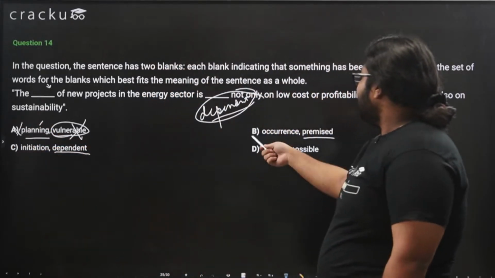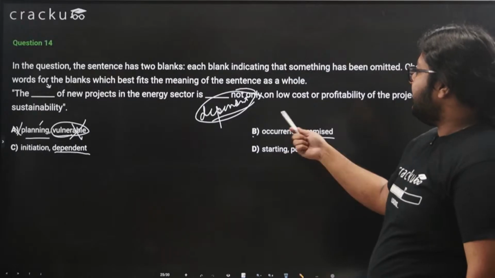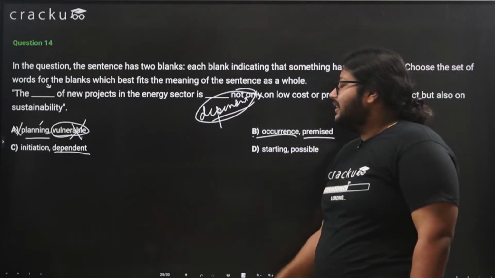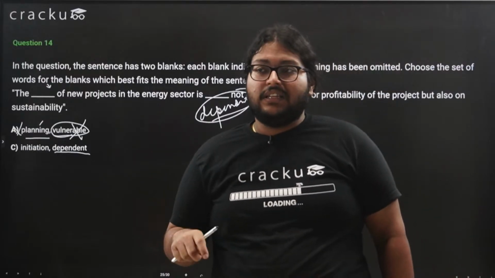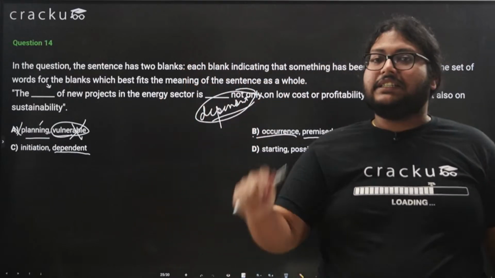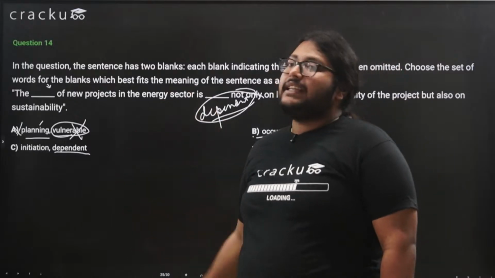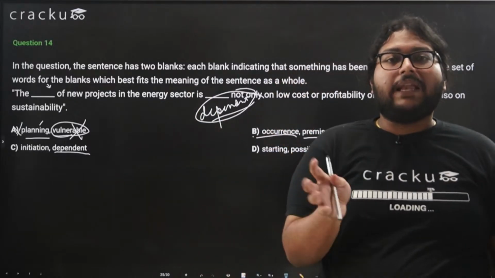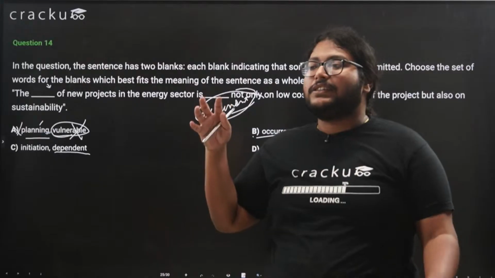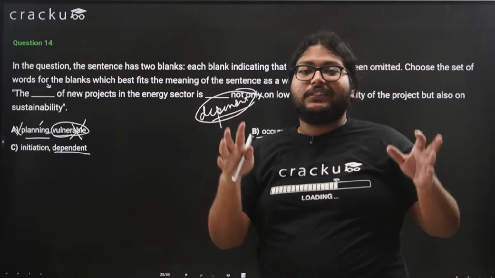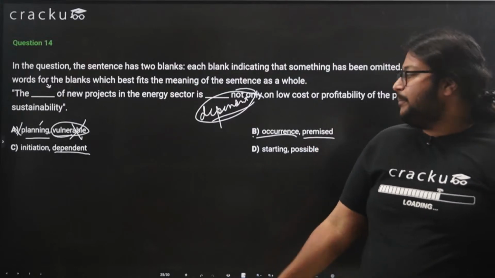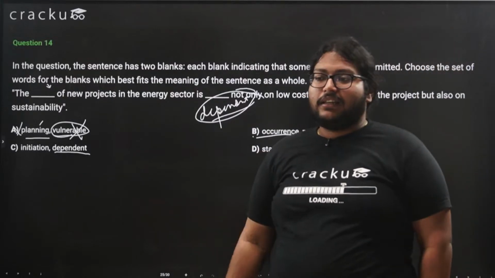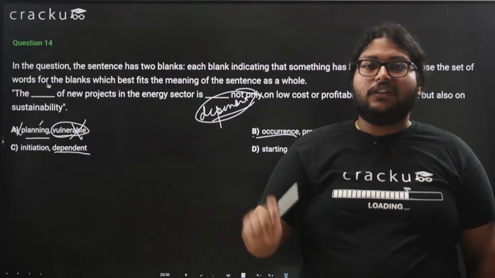B says the occurrence of new projects in an energy sector. See, occurrence is something which we use in context of natural things, like something which occurred in nature. New projects in the energy sector, that has to be planned. There has to be detailed deliberations, discussions about what we want to do. Planning and plotting goes on. Occurrence is used more like moss occurred on the rock.